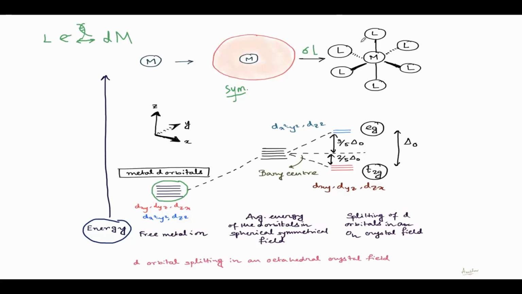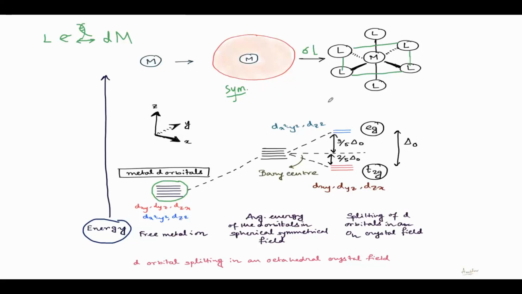Because you see here, if we draw this octahedral like this, we have the metal dx square y square and dz square on the ligand direction, on the axis only. That's why their energies will be lifted more. Here you can see the dx square y square and dz square.